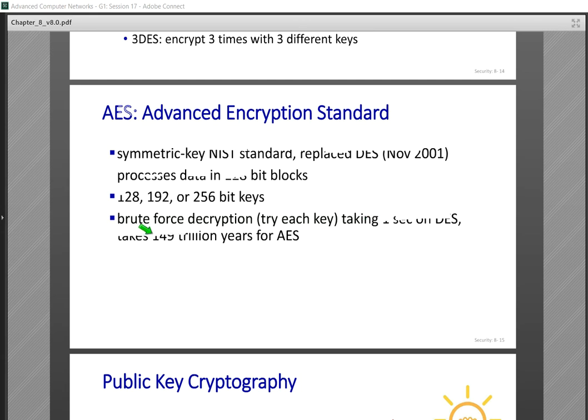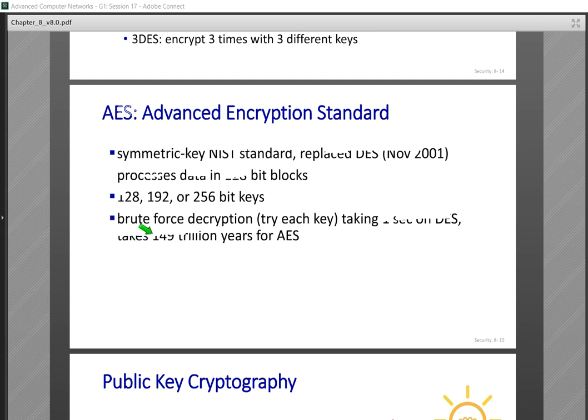But here we can see that if this needs only 1 second to decrypt the message, for AES we need 149 trillion years to decrypt the texts which are encrypted by AES.